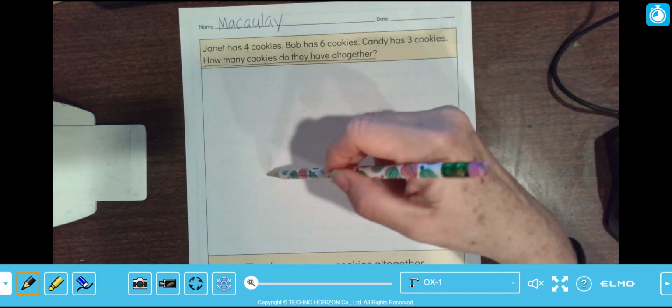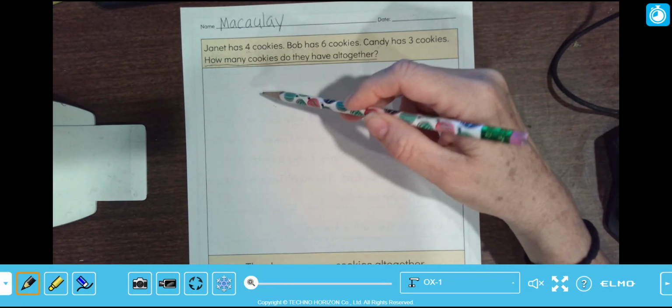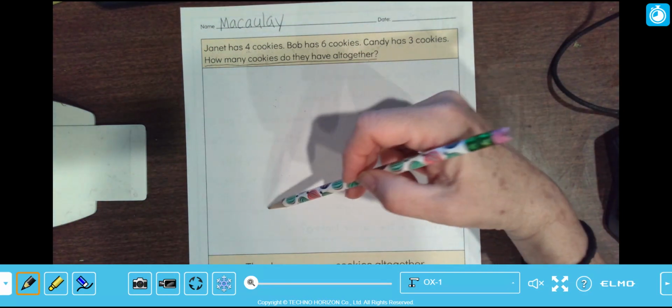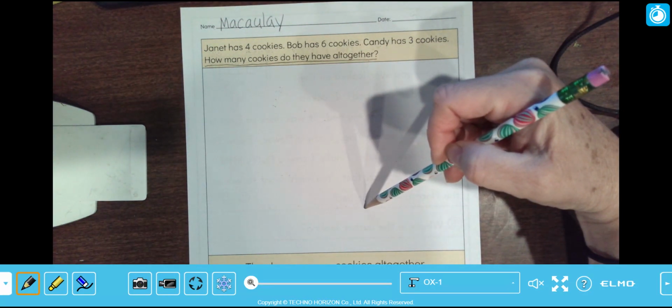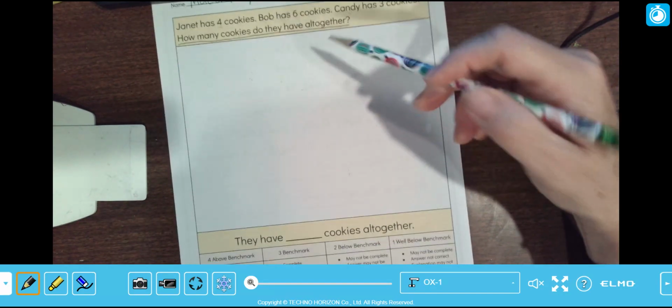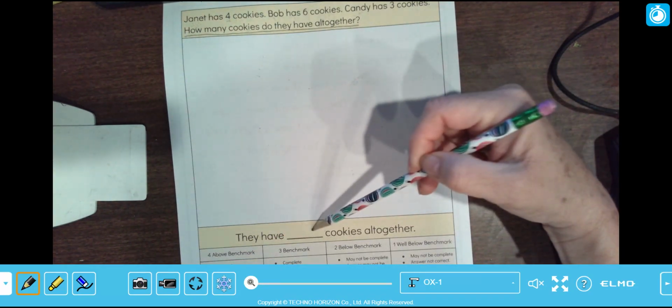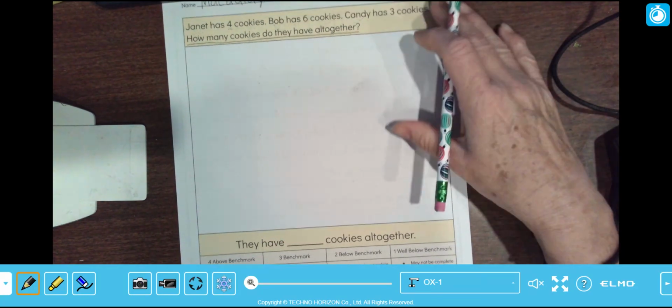Someplace you have to put an equation that matches the drawing. So first draw the cookies, then put an equation that matches the drawing. And then write the answer here. They have blank cookies all together.